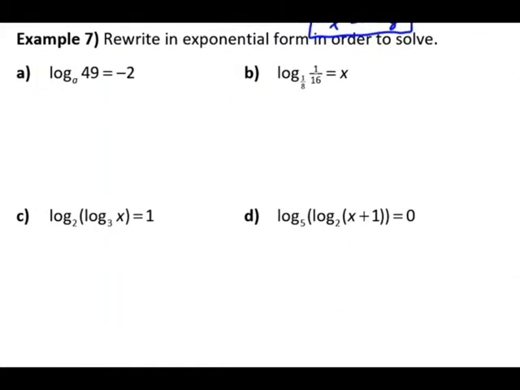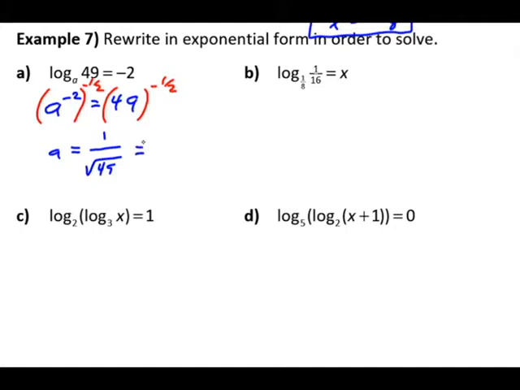When we have a logarithmic equation, we simply rewrite in exponential form. Then we apply the same technique. I'm going to skip to example C so that I can leave B and D for you to try.